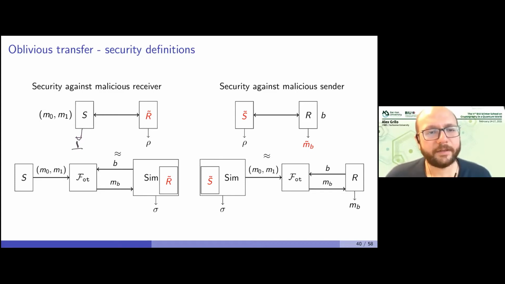And the same thing here: whenever the simulator interacts with the receiver, the idea is that the receiver should not notice that she is interacting with the simulator. Then the simulator will notice that the receiver went away, and the simulator would abort here, and the probability of abort would be the same in both cases. Okay, thanks.